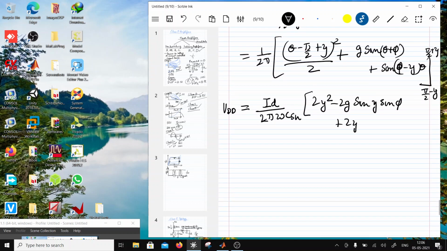Plus twice y G times sine of phi minus y. That's a constant. So this is the value of V_DD.